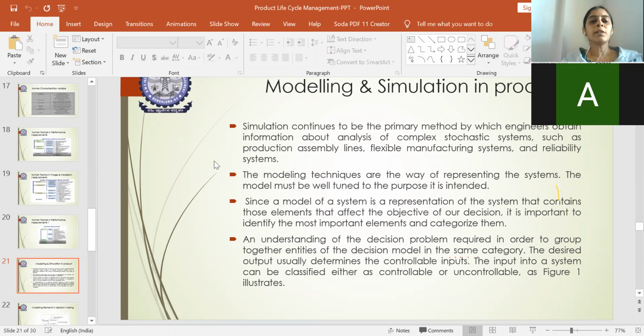Is it economical, feasible, and can it work properly as per the requirements of the customers? You cannot waste material, time and cost related to manufacturing before you do a trial. So for trial purposes, it is essential that you go with modeling and simulation of a product. Here you have to understand what is meant by modeling and simulation.